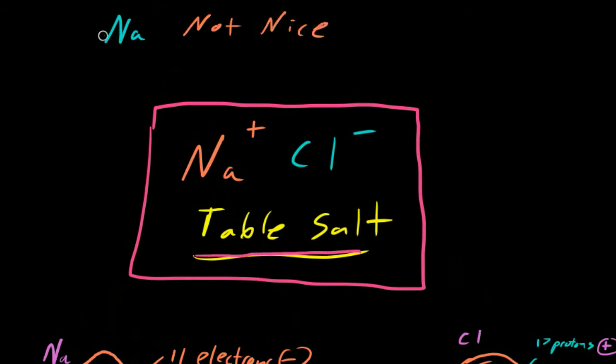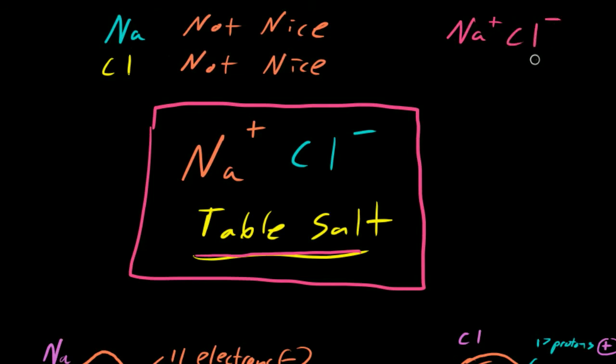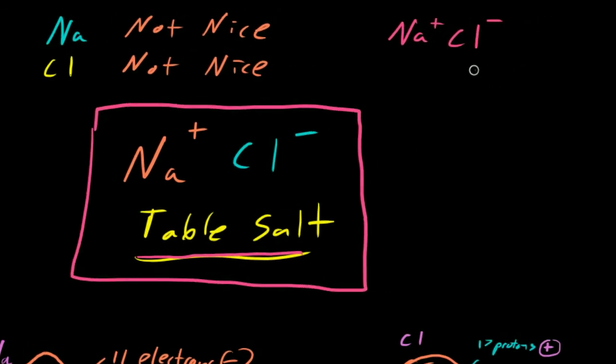When we have chlorine by itself, it is similarly not nice. Not a good thing to be around, not safe. But when we have sodium that has lost an electron, and chlorine that has gained an electron, this is safe. Or nice, we could say.